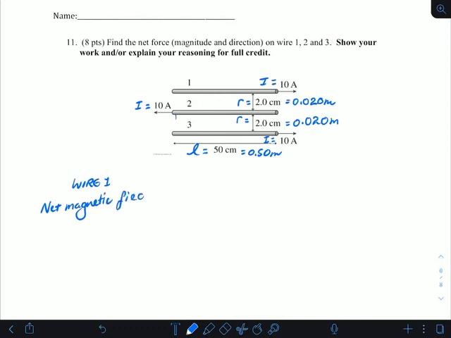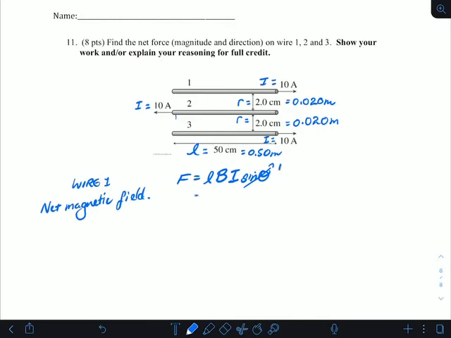Because if we do that, then we can use our force equation and the magnetic field, because we know that the force is equal to the length of the wire times B times the current in that wire, and then times sine theta, but in this case sine theta is equal to 1.